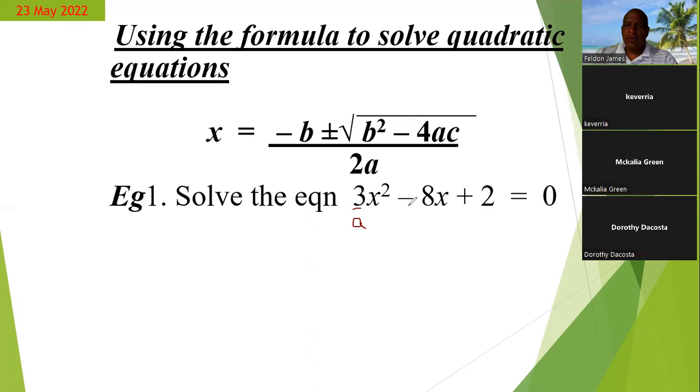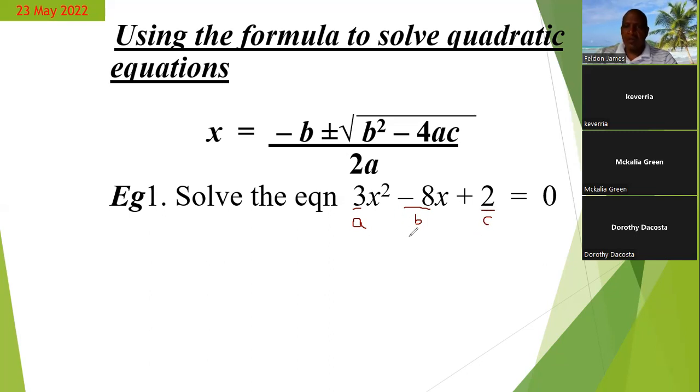And B now would be the number in front of the x. So A would be 3, B would be equal to -8, and C would be equal to 2.